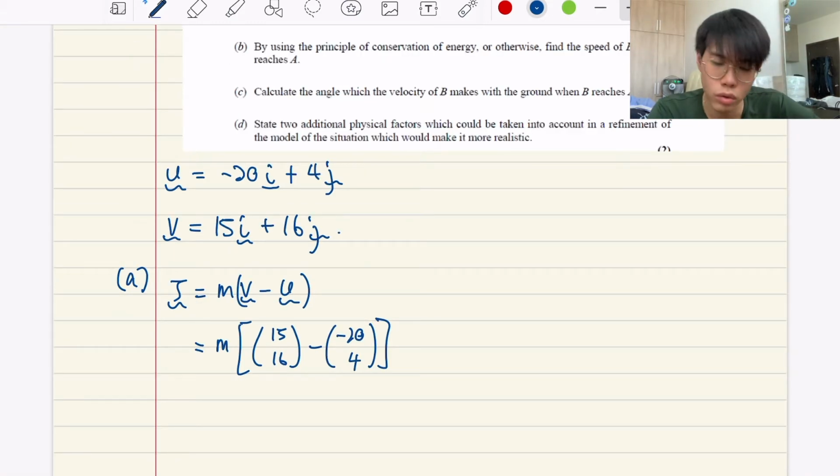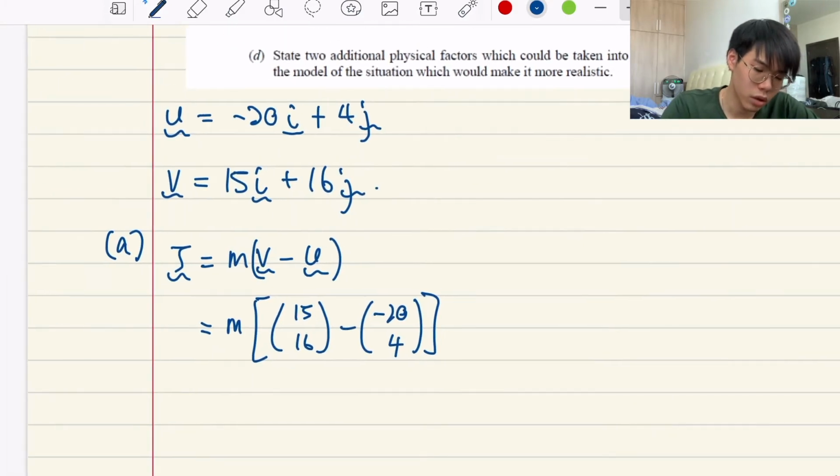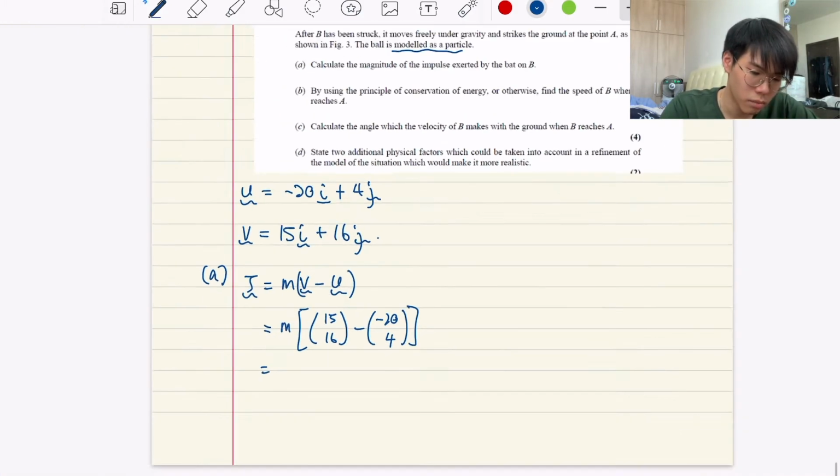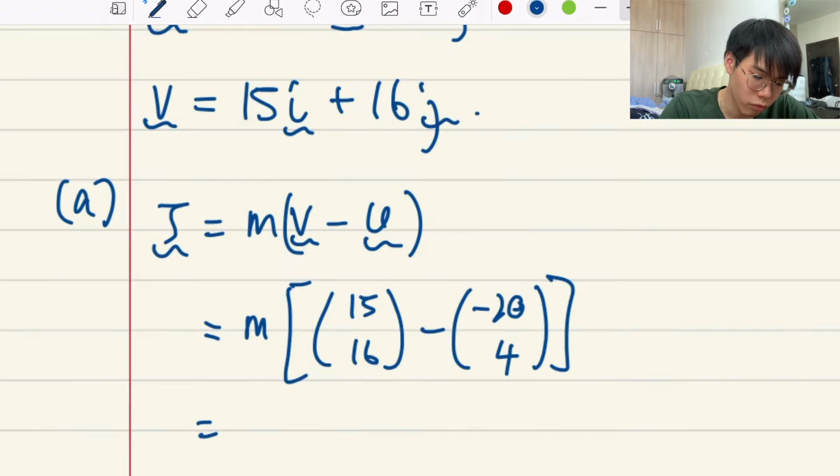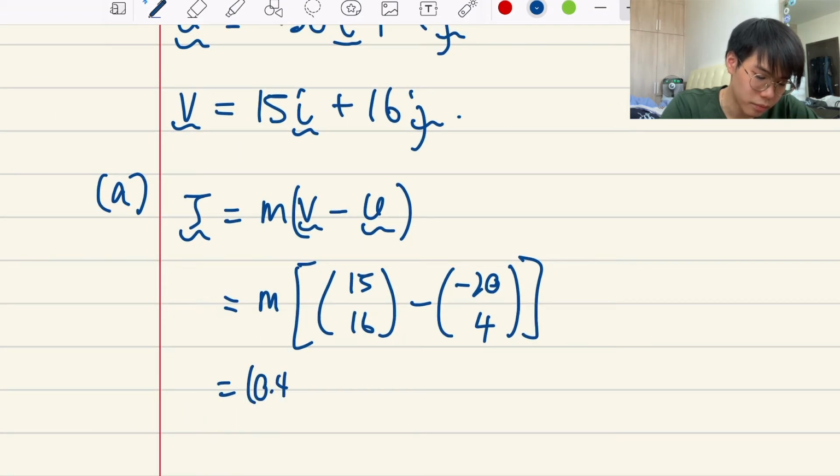I really like doing questions with vectors, because in vectors they already give you the direction, the negative and positive, so I don't need to care about the positive and negative sign anymore. Here we know that m, the mass, is 0.4. So 15 minus minus 20 plus 20, which is 35, and 16 minus 4, which is 12.